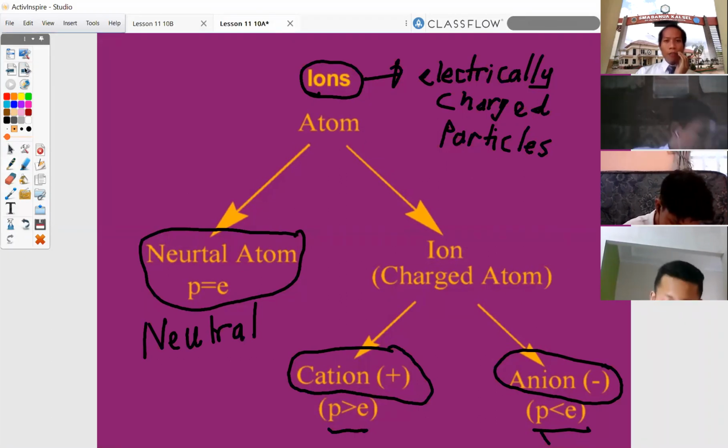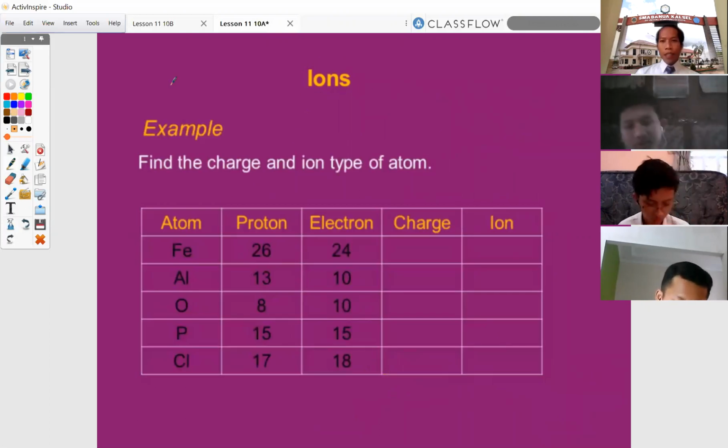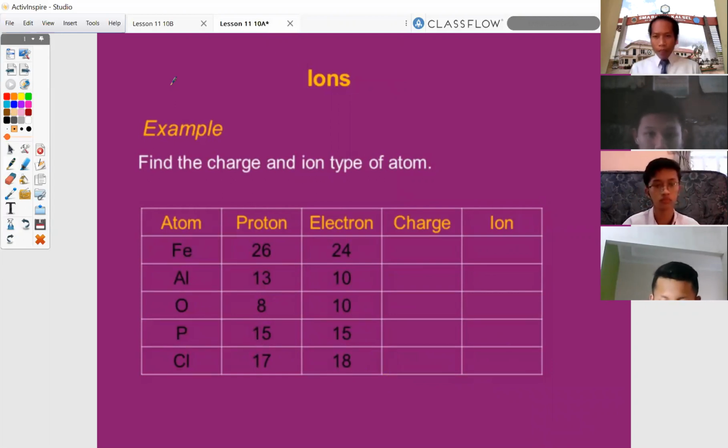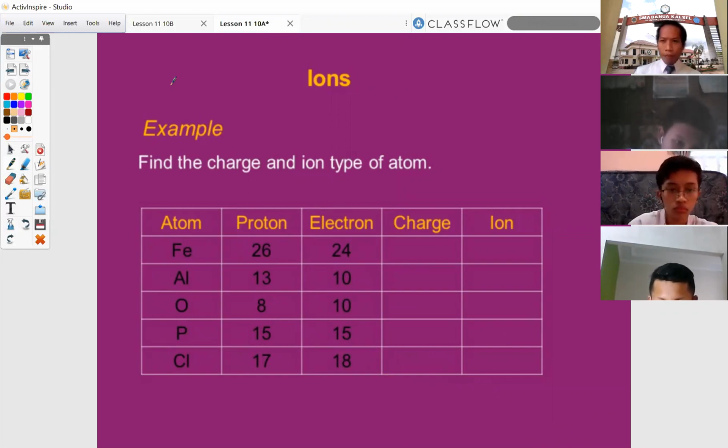Okay, let's move on. Now we have another example here. Let's fill in this example. Fill in the blank. Find the charge and ion type of the atoms.